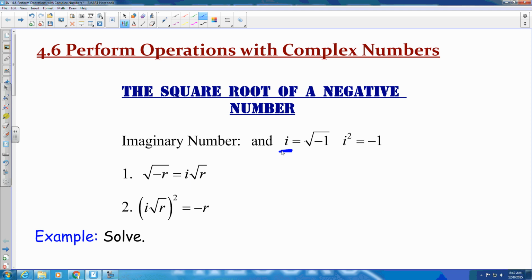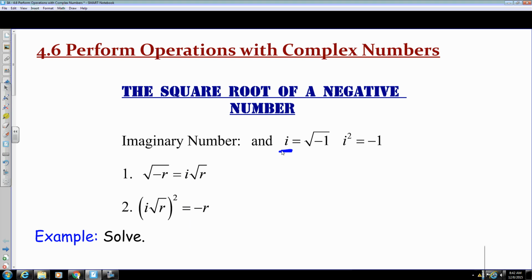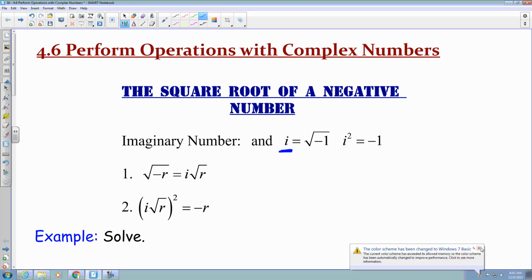If you remember in previous lessons in different sections of our book, we never had an answer that had a negative inside the square root. We always said it was no solution. Well, no solution meant no real solutions, but we do in fact have a solution. It's just an imaginary number.